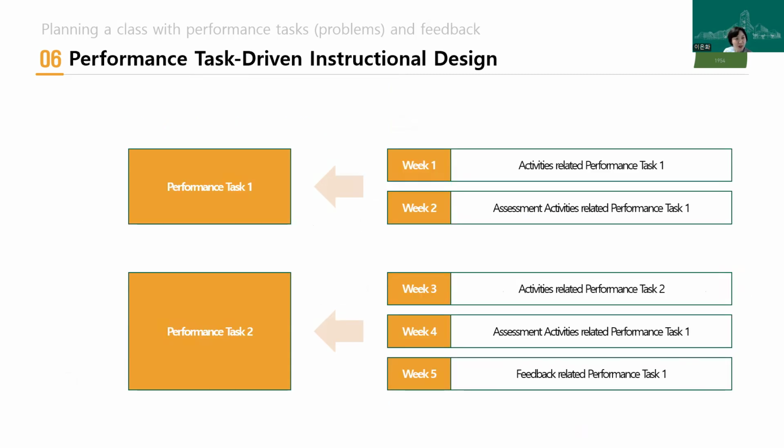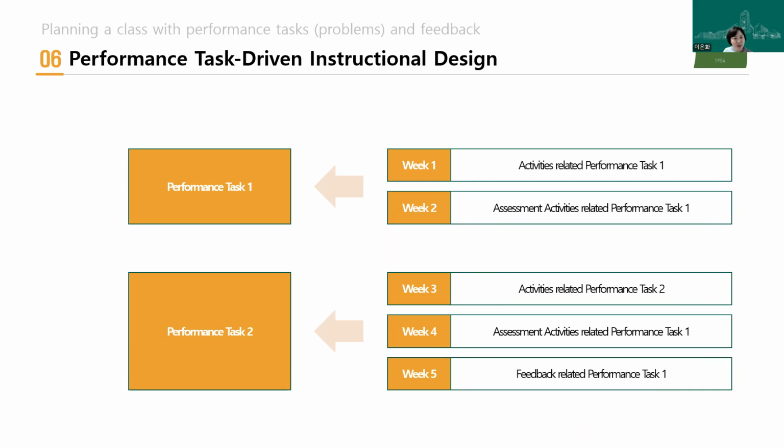This diagram illustrates how to organize a course around performance tasks. The backward design structure is two major performance tasks anchor the course. Performance task 1 and performance task 2. All weekly activities lead toward these demonstrations of competence.